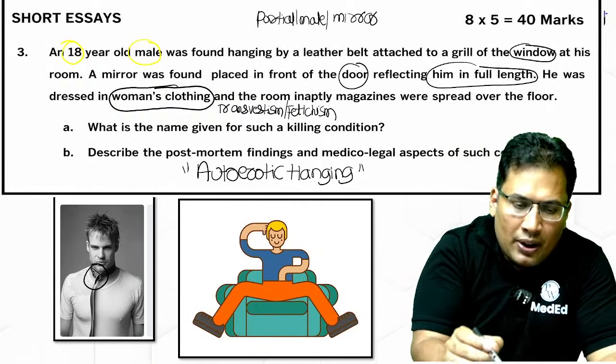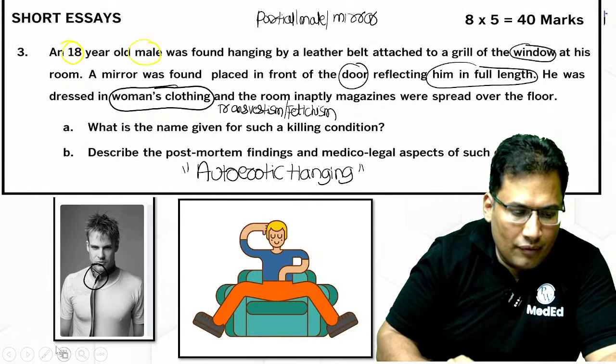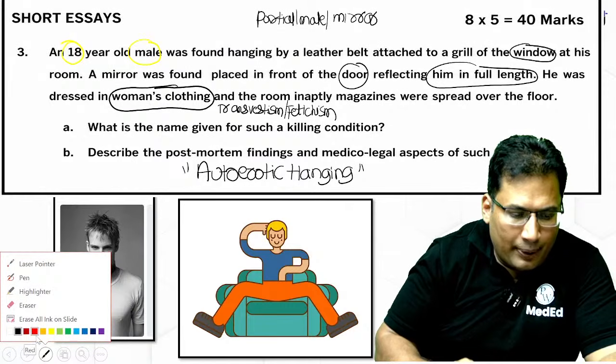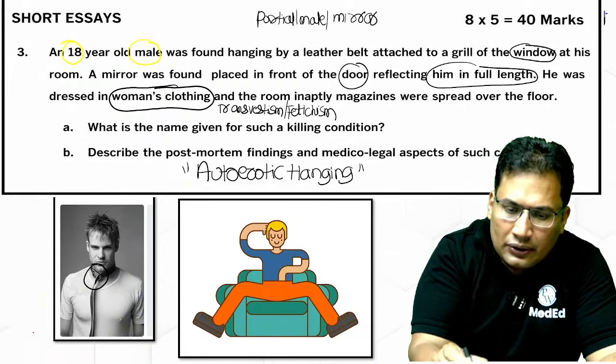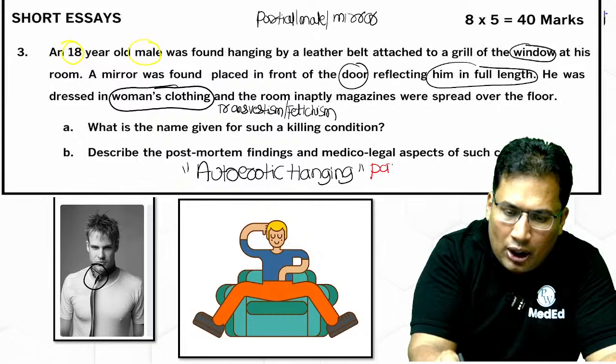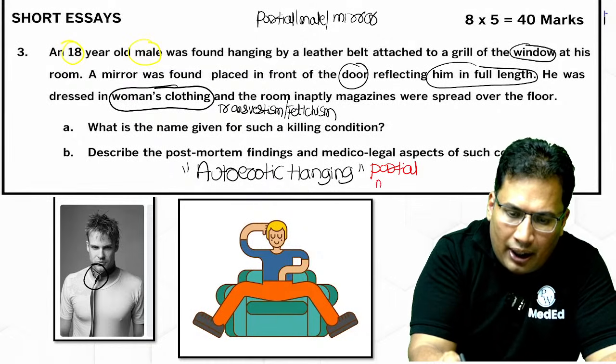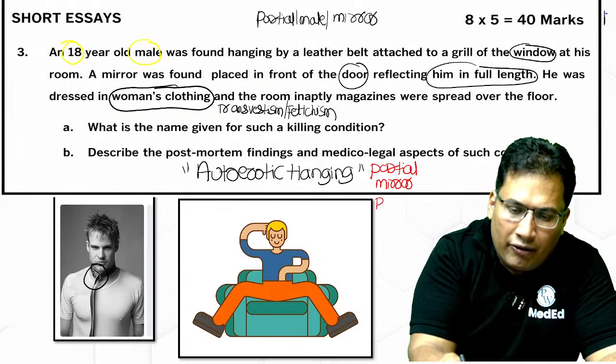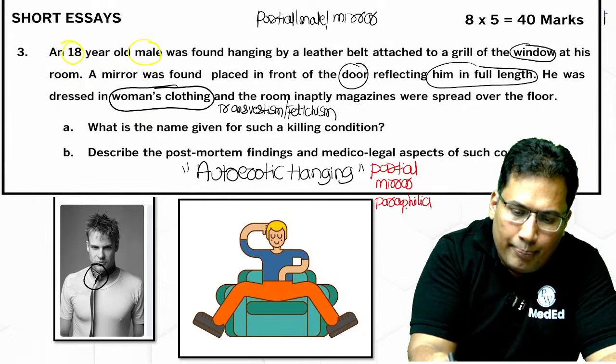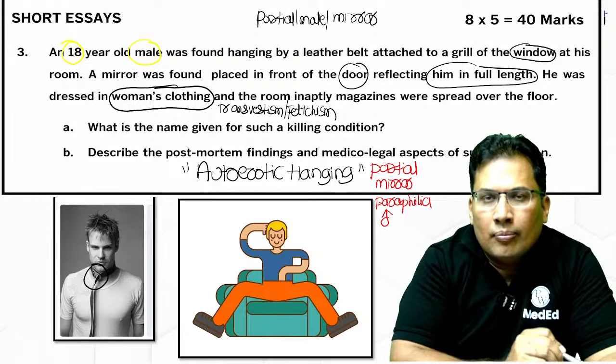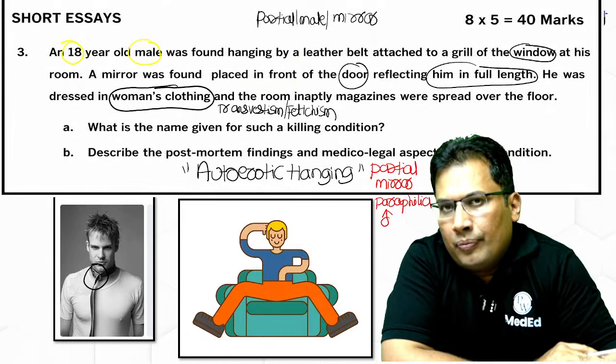One by one, the key features are: one, the presence of partial hanging. Point number two, mirror. Point number three, sexual paraphilia. Male, no history of depression.